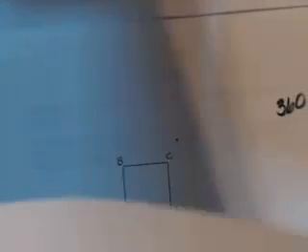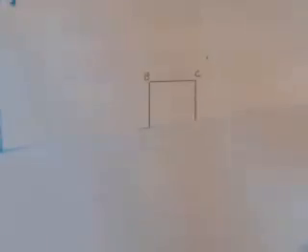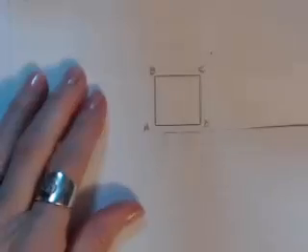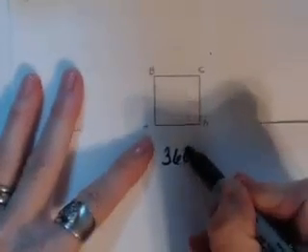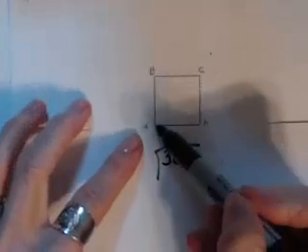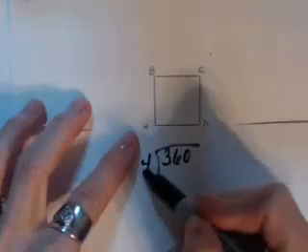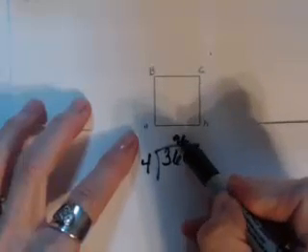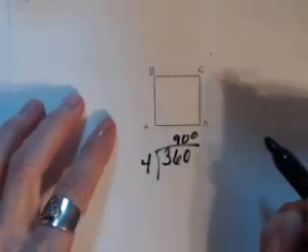Now, let's say that we are looking at a regular quadrilateral. So we're looking at the square. If the sum of the angles is 360 and each angle has to be equal, then 360 divided by 4 would mean that each angle is 90 degrees.